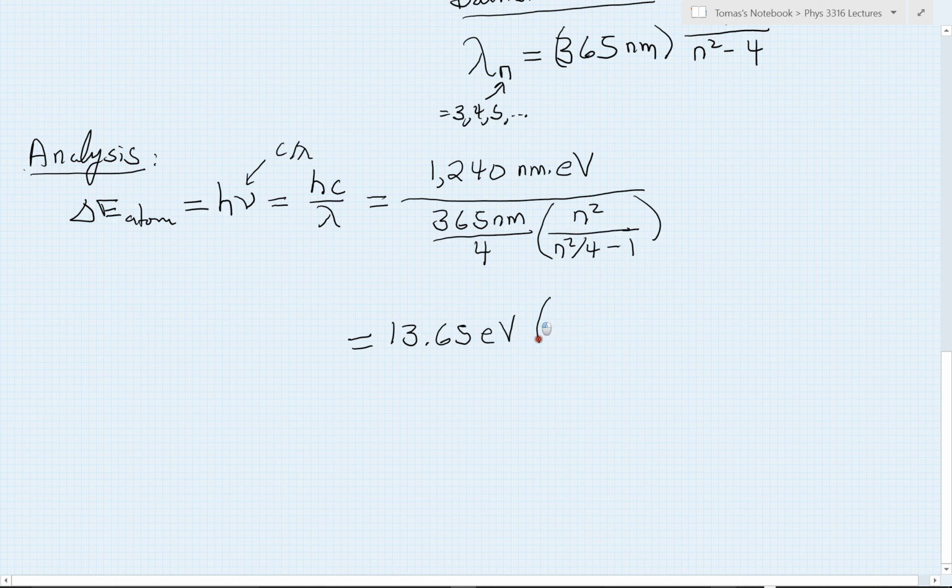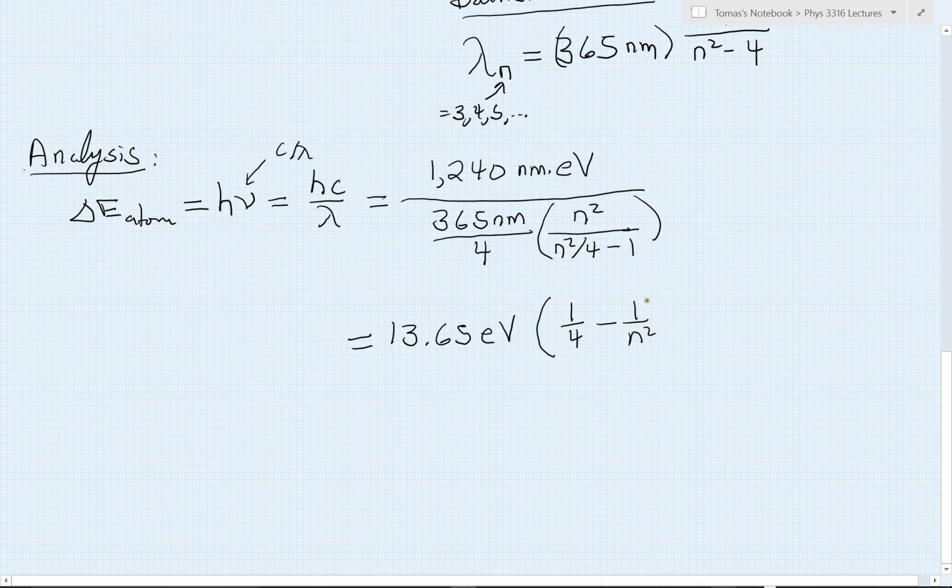What's left then is to flip over this ratio of these interesting factors. So if I write this up into the numerator and flip it over, I have n squared over 4 over n squared, which gives me 1 over 4, and then minus 1 over n squared.